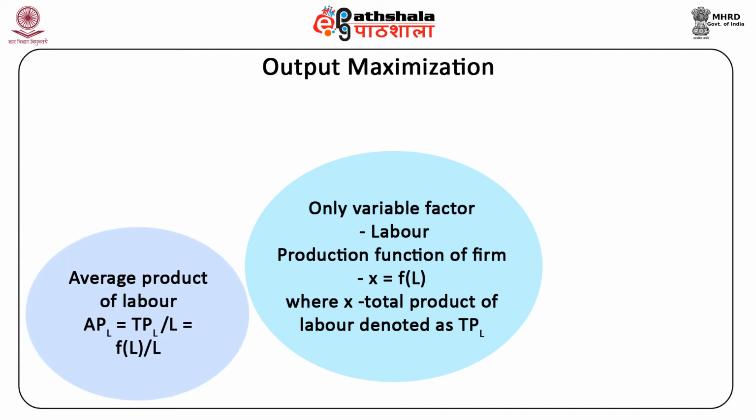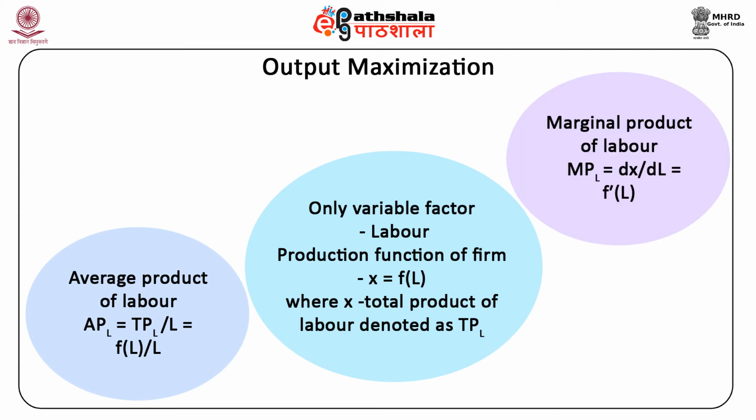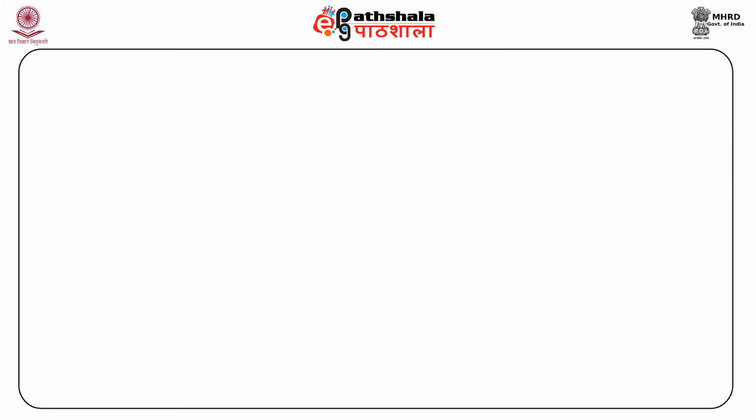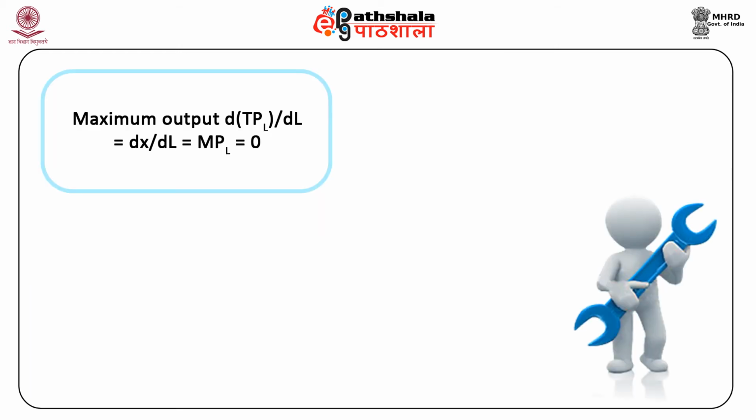The average product of labor is AP and is equal to TP upon L. The marginal product of labor is MPL and is equal to dx/dL equal to f′(L).